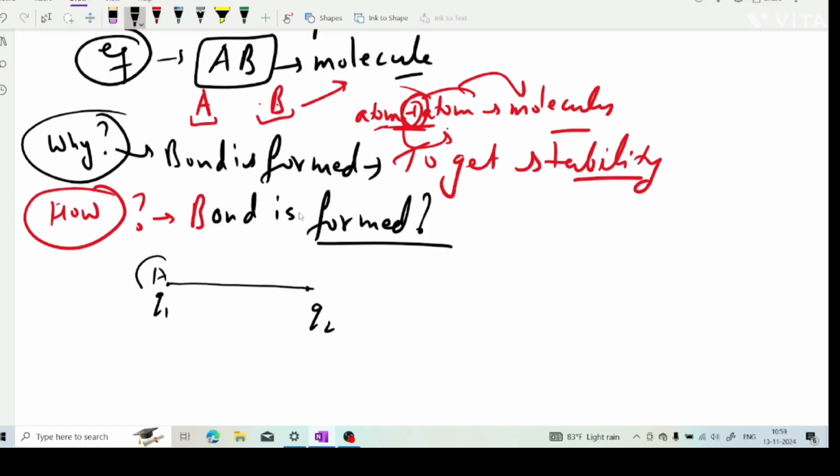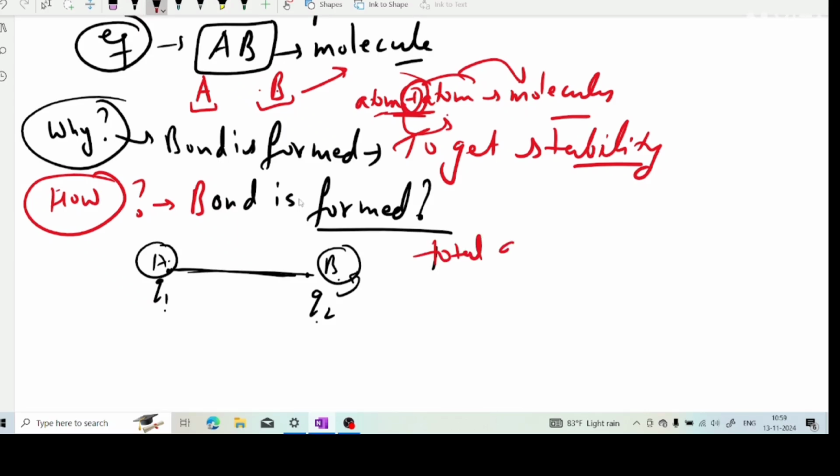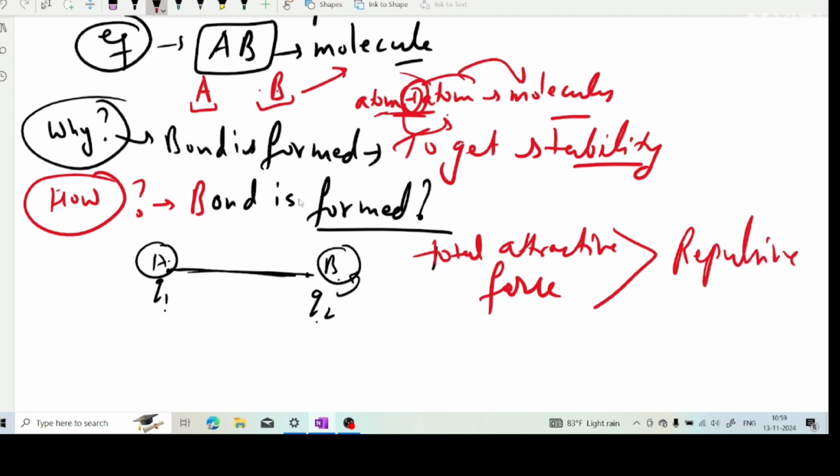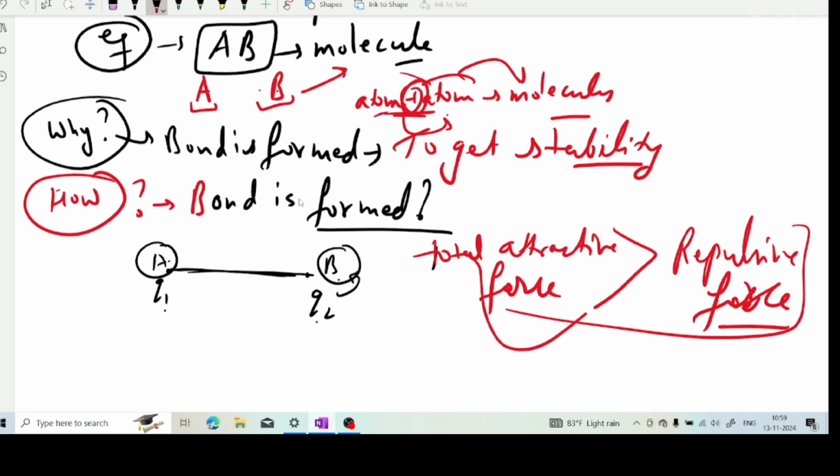This is atom A and this is another atom B. Q1 is the charge of A atom and Q2 is the charge of B atom. This bond is formed when the total attractive force is greater than the repulsive force. Then a bond is formed.